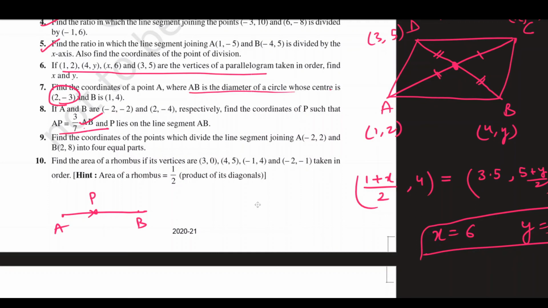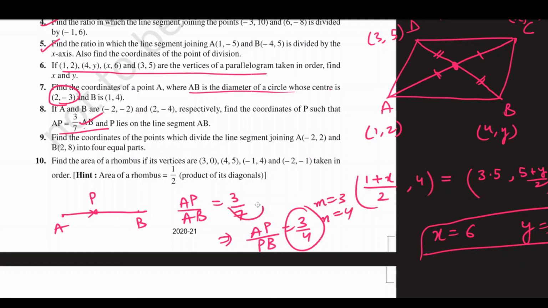So AP upon AB is 3/7. So this implies AP upon PB is equal to 3/4. So in this m is 3 and n is 4. So don't take n is equal to 7, because the ratio is AP is to PB.